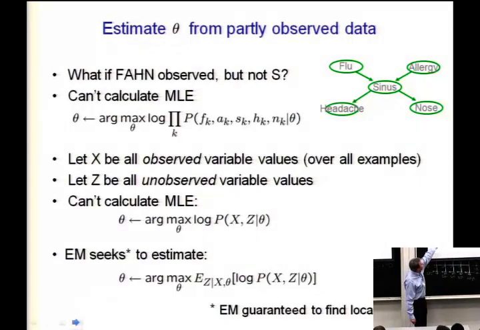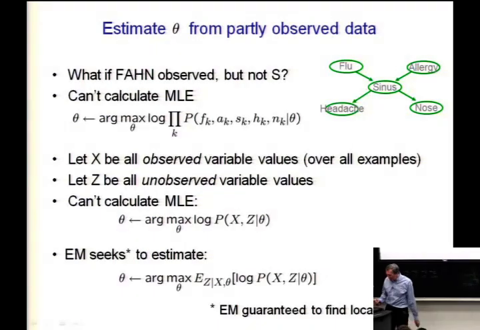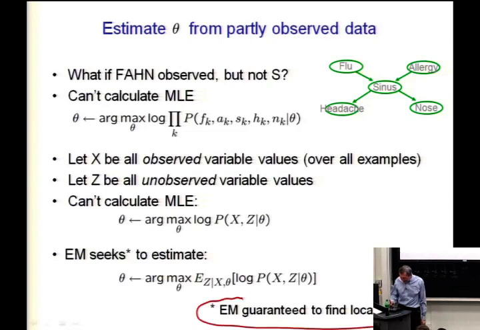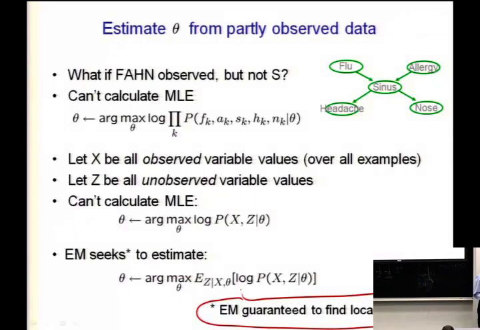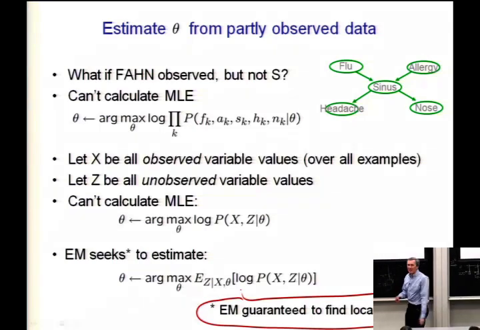It's picking the theta that maximizes this expected value of the likelihood. And it turns out EM is a nice algorithm for doing that that is guaranteed to at least find a local maximum, a value of theta that locally maximizes this expected log likelihood.